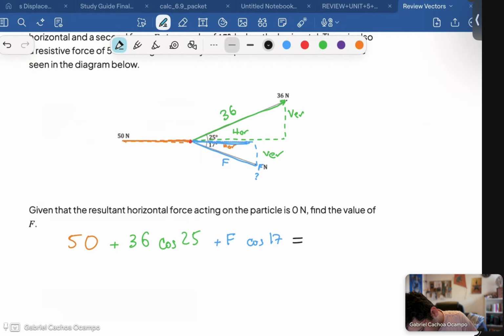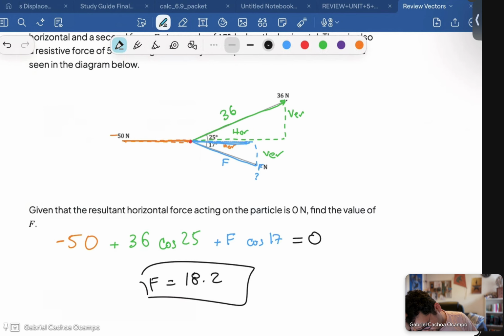Sorry, this is negative 50, because it is pulling from the other side. In this case, you can solve it because it is a linear equation. You just plug it into your calculator, mark F as your variable, and that is 18.2, not rounded into significant figures.